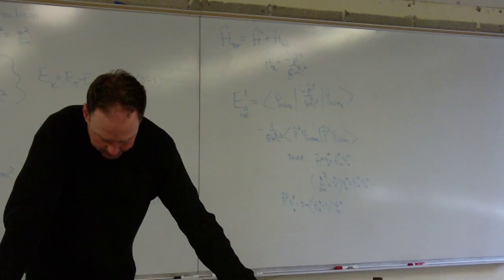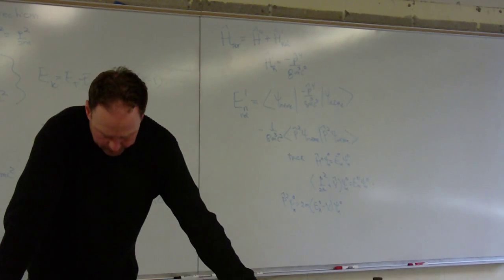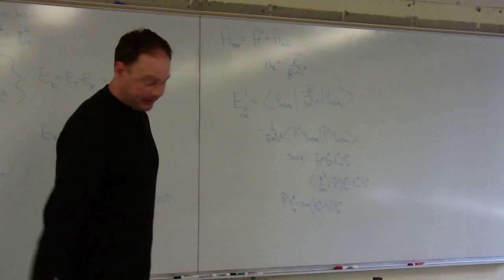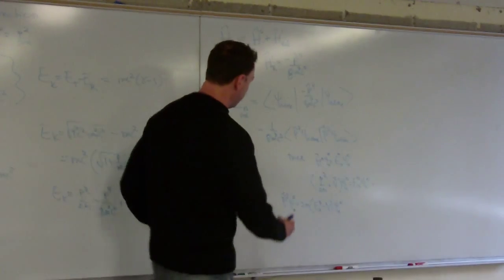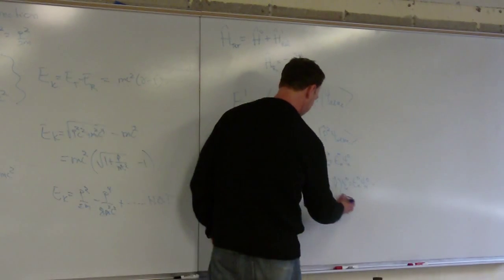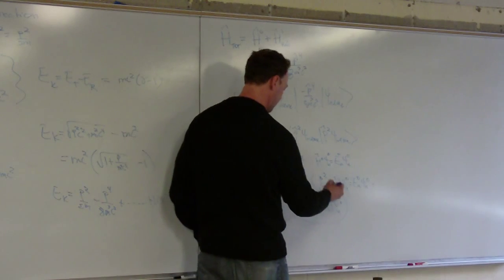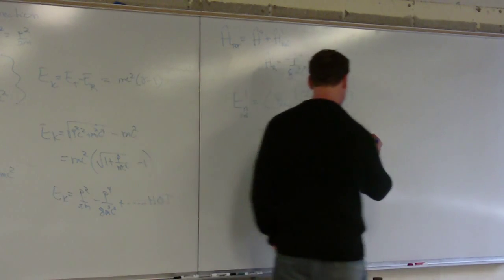He plugs that p squared psi equation back into the bracket, does the integral. Yeah, so what he does, I think, is he takes these and plugs them in here. So let's see.